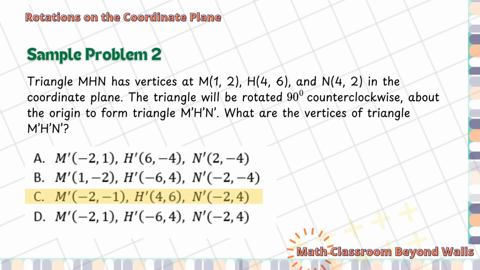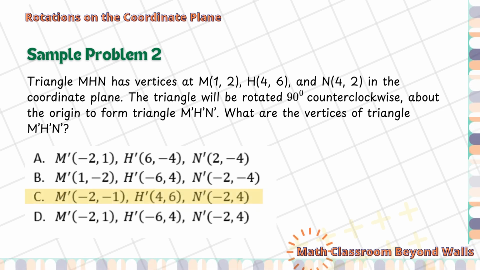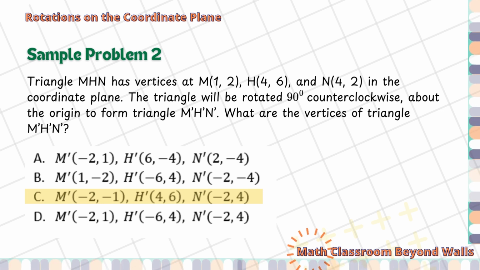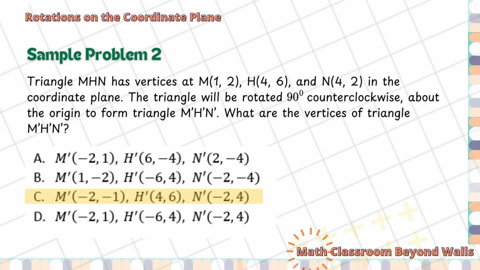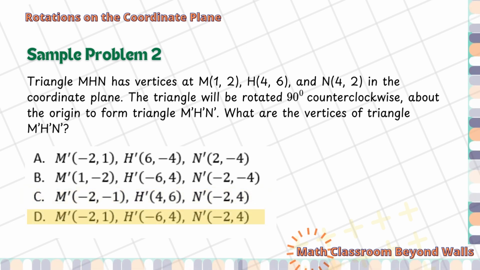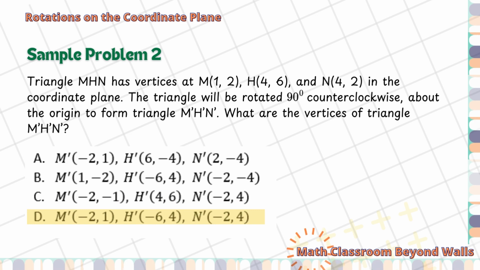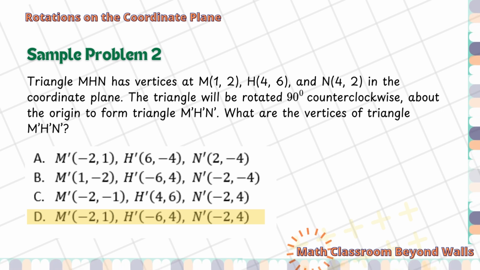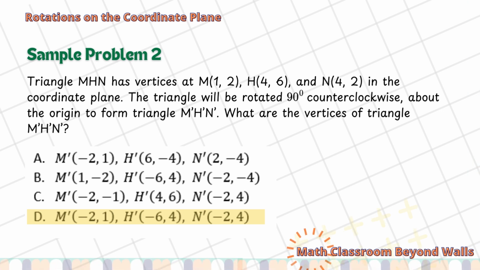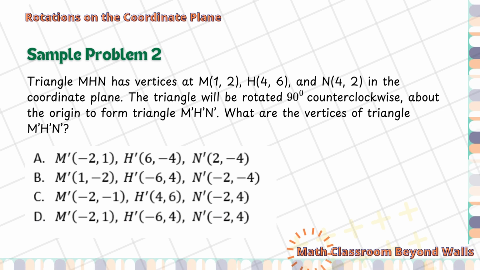Option C, M prime is (-2, -1), H prime is (4, 6), N prime is (-2, 4). Option D, M prime is (-2, 1), H prime is (-6, 4), N prime is (-2, 4).